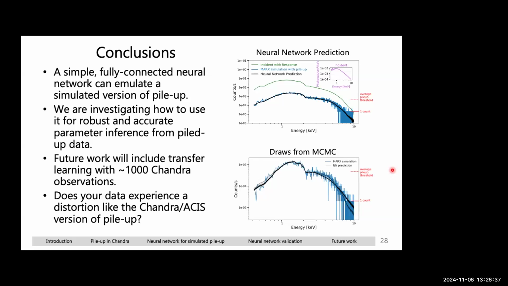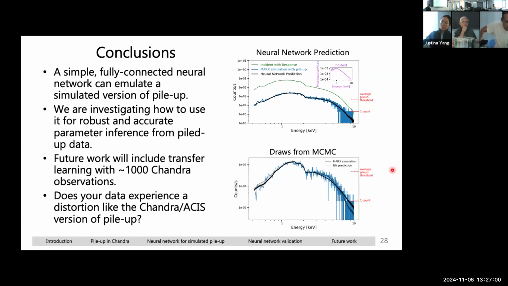The interesting thing there is that you don't have the entire space of energies piling up on each other. It's just really one or two energies that are piling up, so it's probably a more tractable problem.